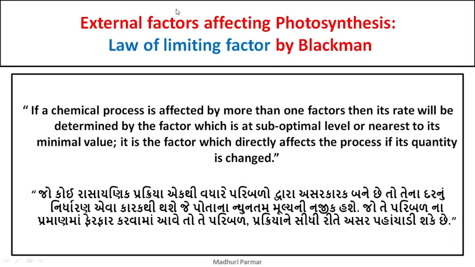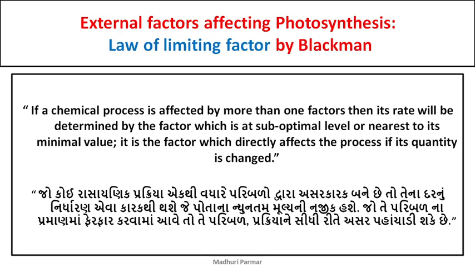Right, so the external factors affecting photosynthesis have a special law which is called the law of limiting factor by Blackman. I'm sure you must have already understood this limiting factor by now, but let us just see the definition.